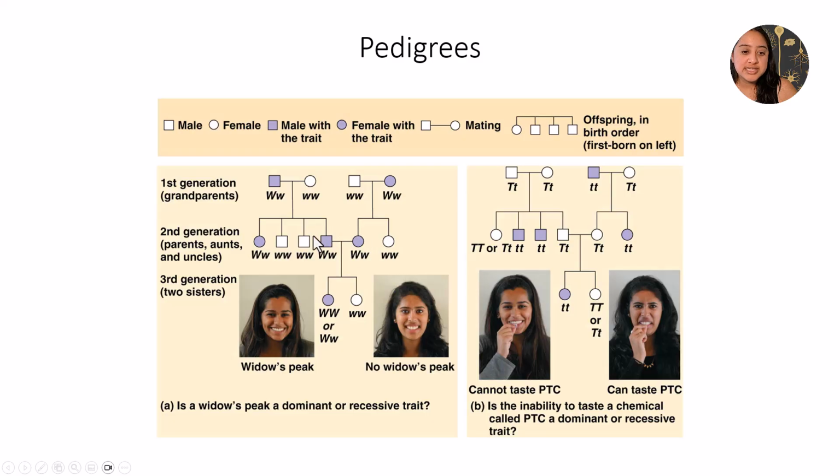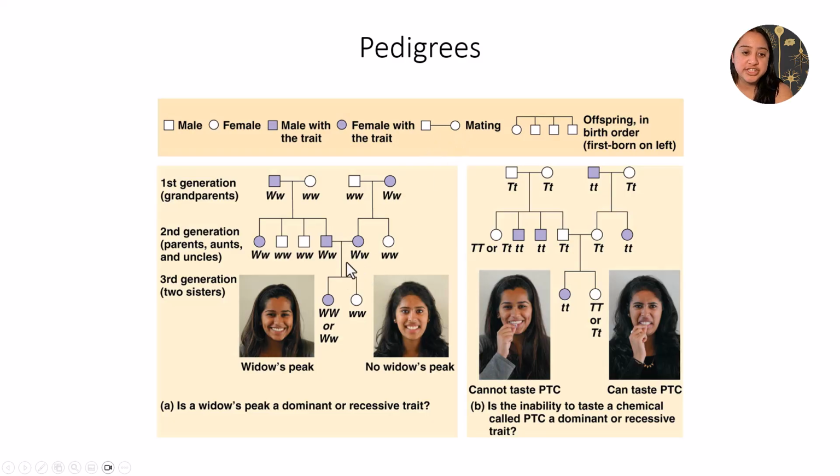And so this is a couple. And so they're tracking each half of the family that is part of this mating. And then these are the two daughters of this couple. So when they're connected to each other, that is a mating.